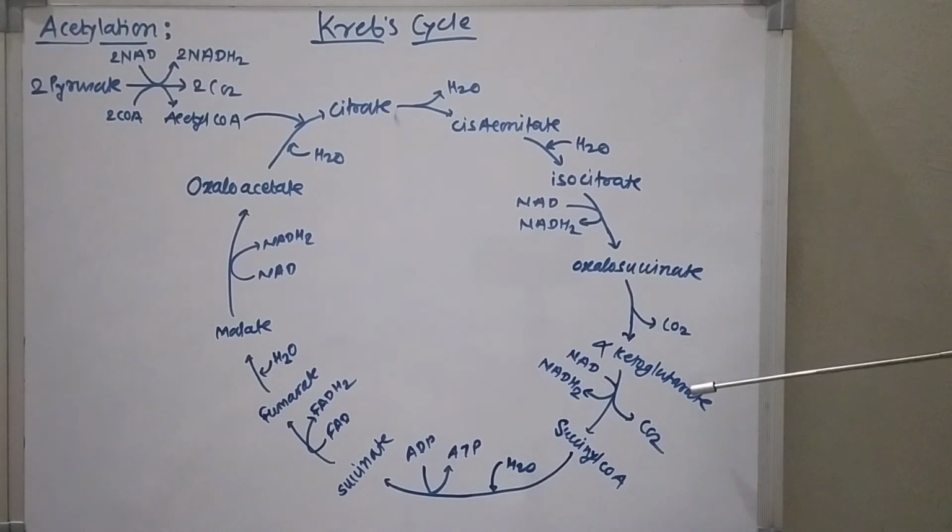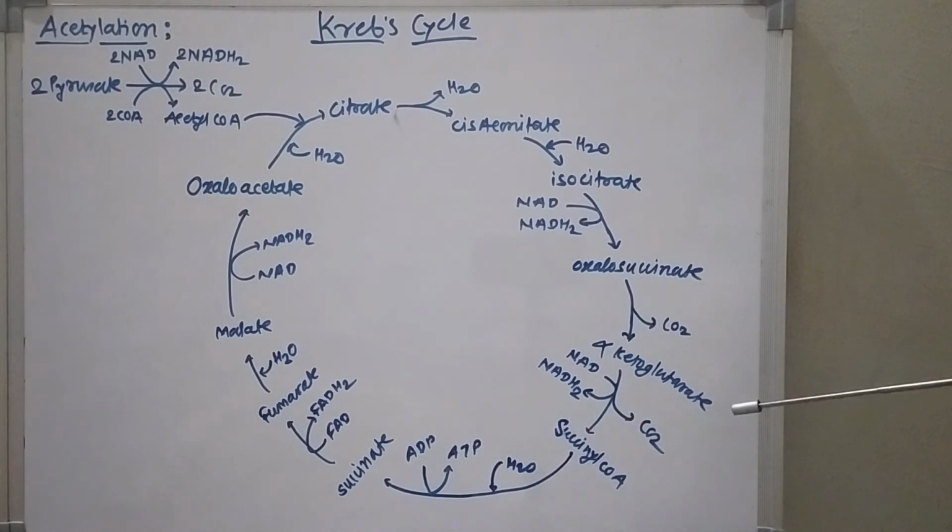Now, this alpha ketoglutarate, by simultaneous decarboxylation and dehydrogenation, meaning simultaneous loss of H2 and CO2, is converted into succinyl coenzyme A.